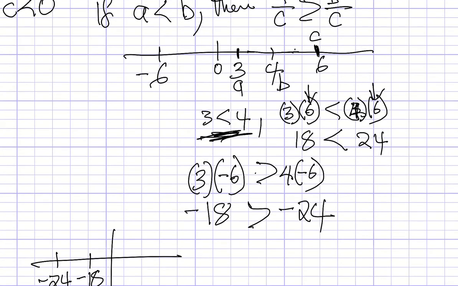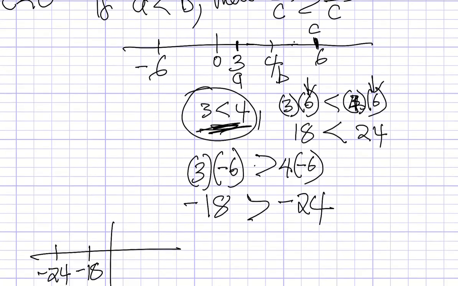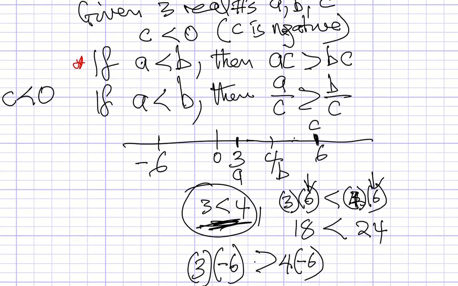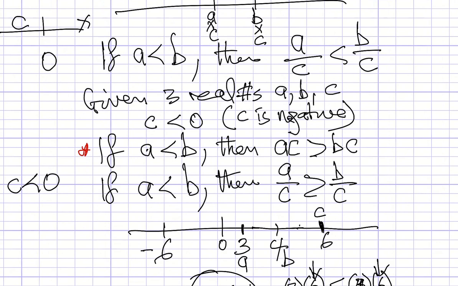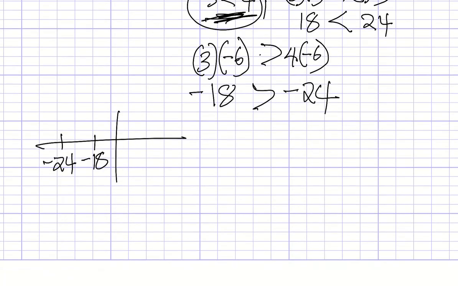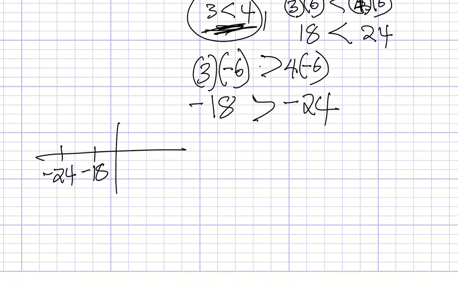That's all that is saying. If you multiply by a negative, you have to reverse the order, the direction of the inequality. The same thing with division. Let me give you an example with division. Let's do division.